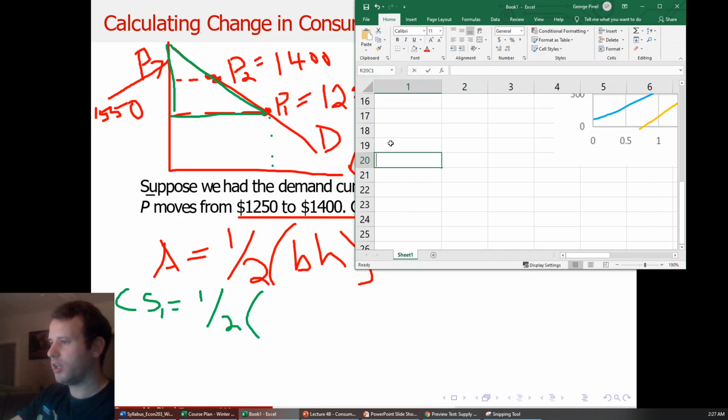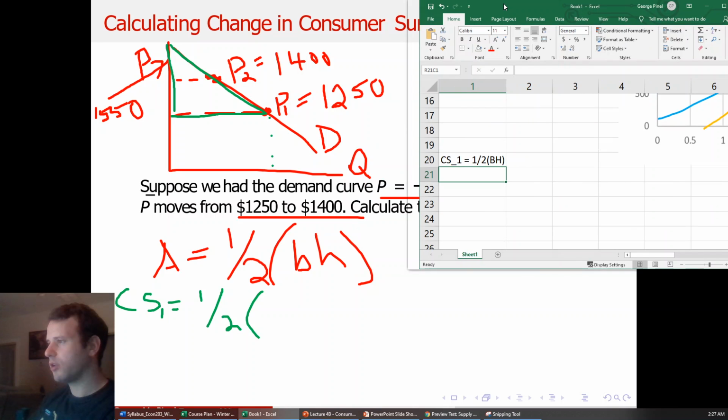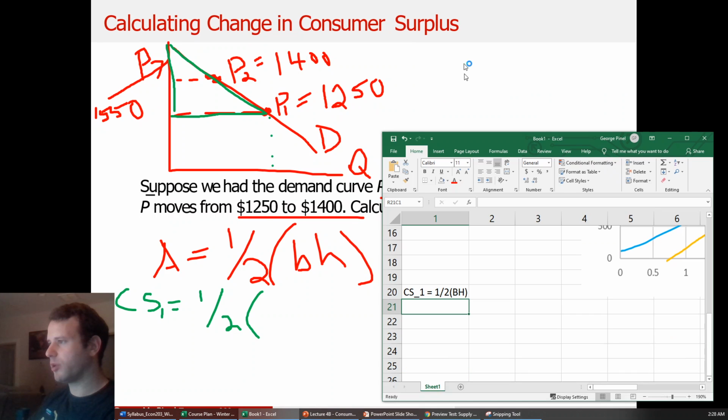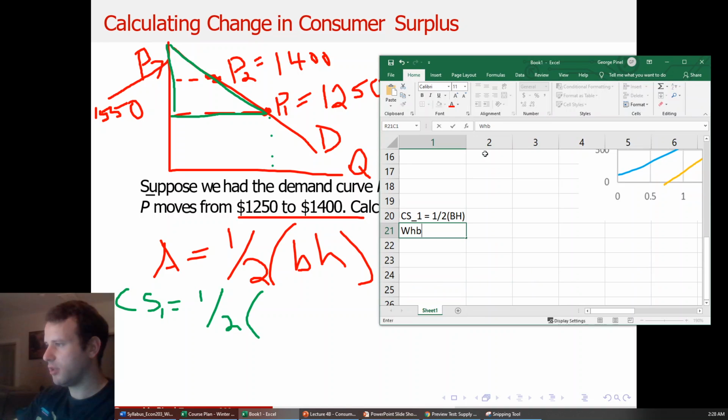I have consumer surplus 1 is equal to 1/2 base times height. We need to know what the equilibrium quantity is. What is the equilibrium quantity when P equals 1250?